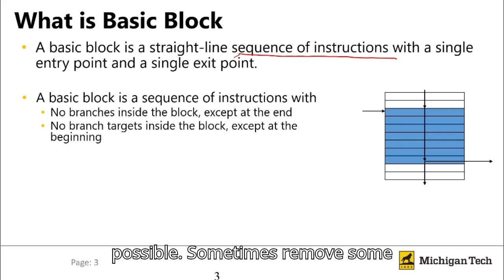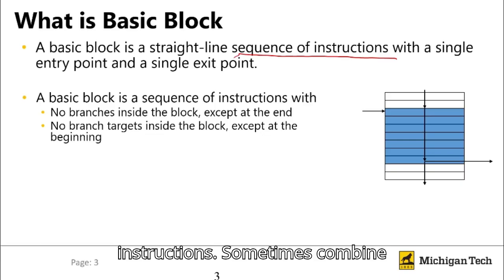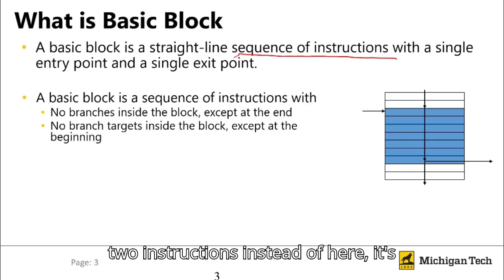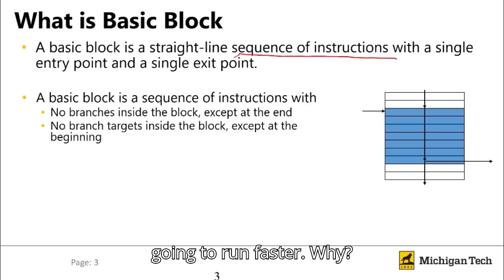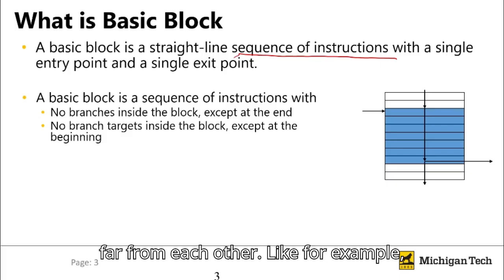Sometimes remove some instructions that we call redundant instructions. Sometimes combine instructions and even reorder instructions. For example, realize, okay, if I put these two instructions instead of here, it's going to run faster. Why? Because of the pipeline. The pipeline sometimes needs some instructions to be far from each other.